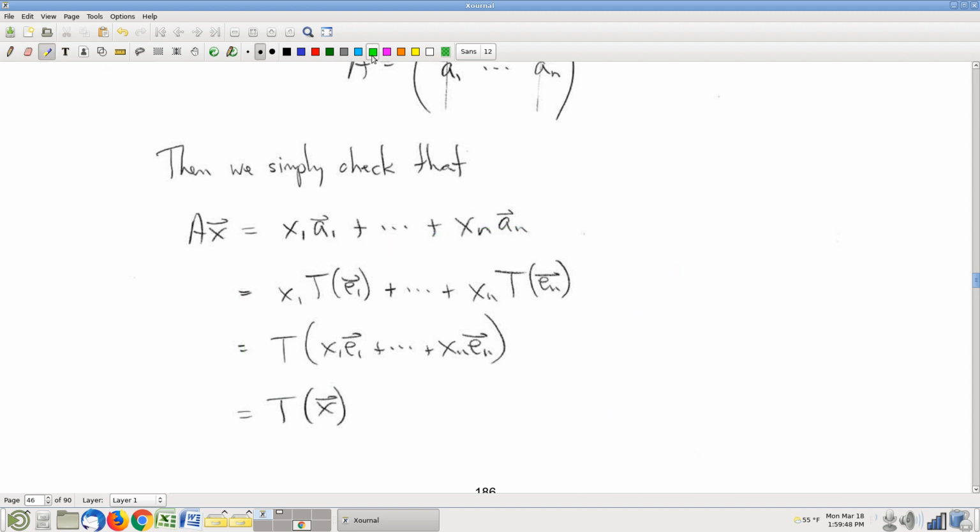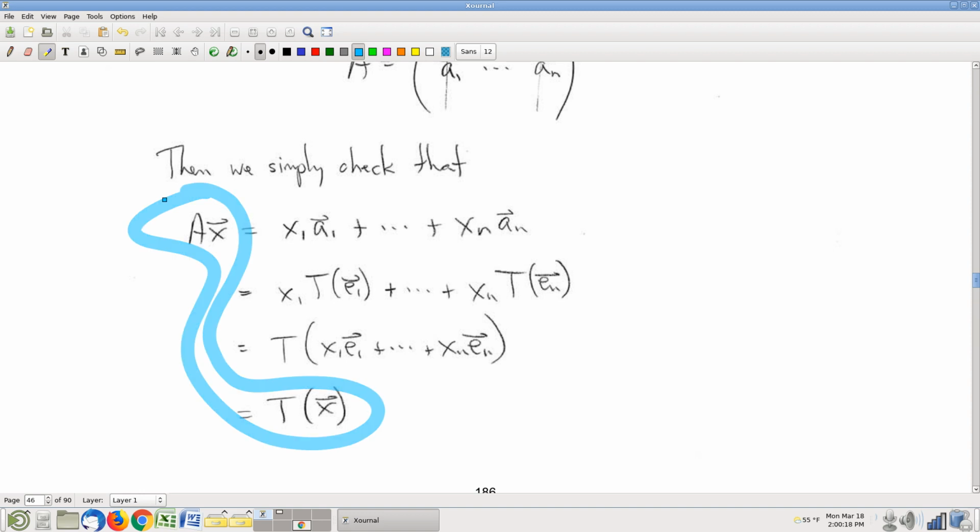And lo and behold, this linear combination of the standard basis vectors with coefficients being the coordinates of x, that is x. That's where this x came from. x has coordinates x1 through xn. And as required, T of x is Ax.